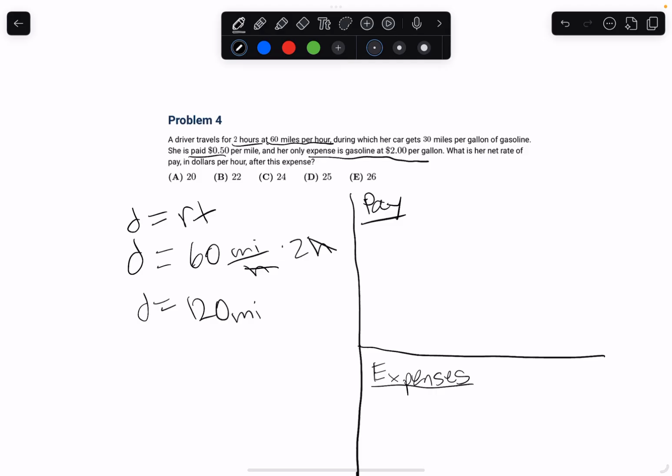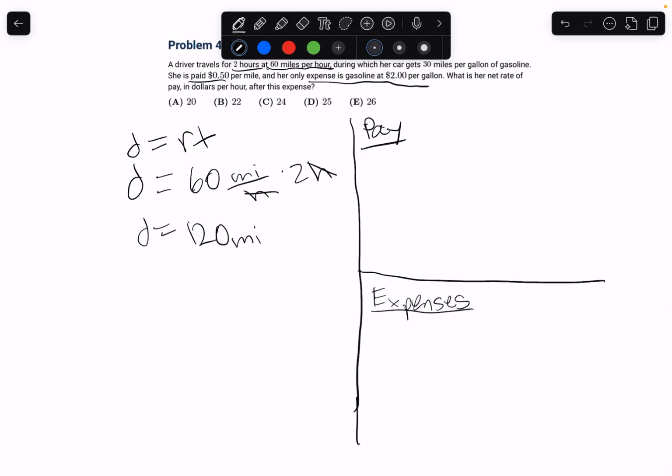She's paid 50 cents or $0.50 for each mile. So her pay equals 120 miles times $0.50 per mile, which is $60.